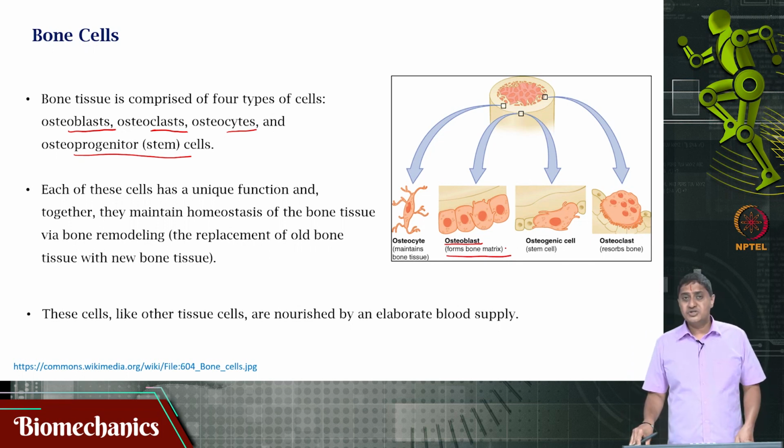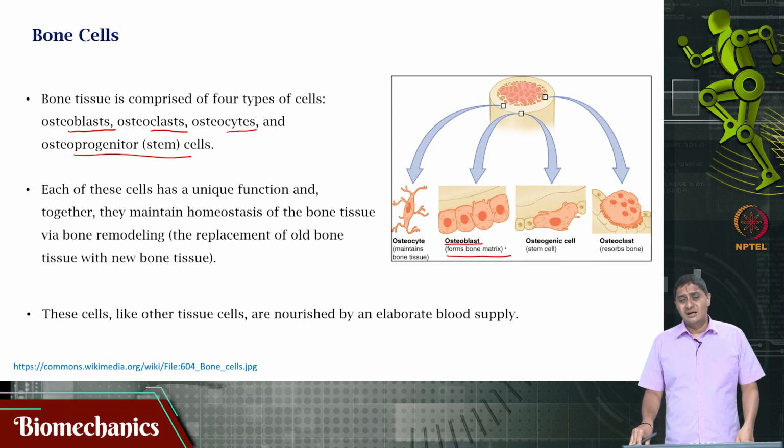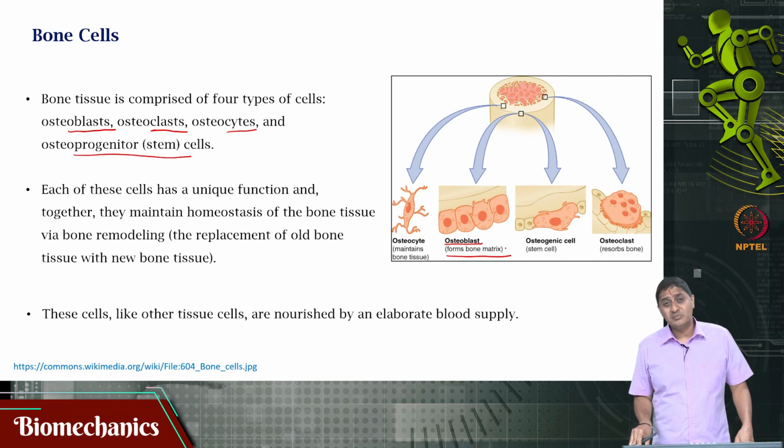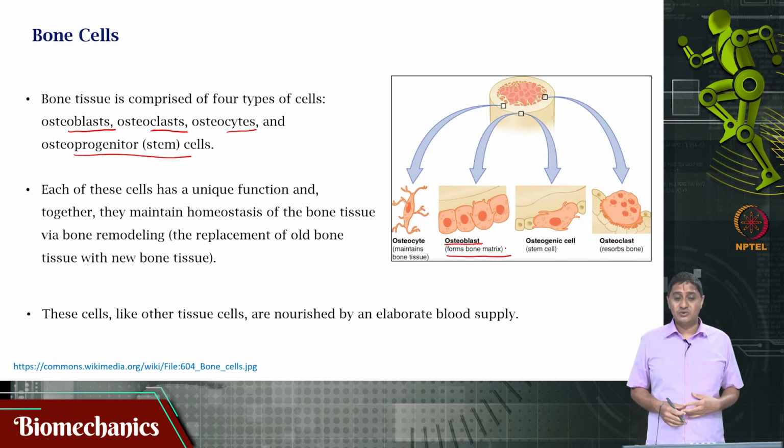Osteocytes are osteoblasts in their previous lives, or in other words, osteoblasts, when they are surrounded by the material that they secrete, become osteocytes. Osteoblasts divide and continue to grow, but osteocytes do not divide.